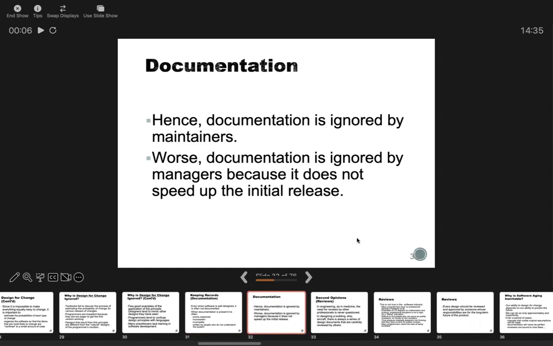Documentation is sometimes strongly ignored by the maintainers. It is also ignored by managers because it does not speed up the initial release. Some of these managers feel the same way.